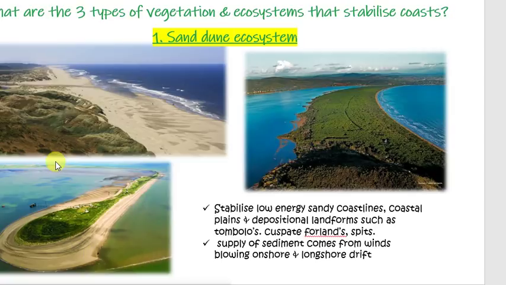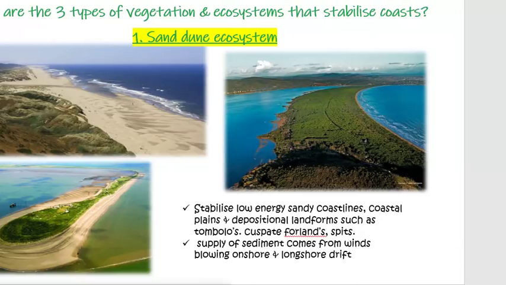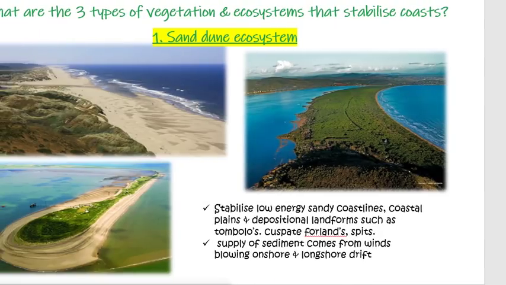Right then, we're going to kick off with sand dunes. Now, sand dunes, I've put together 3 photographs on the slide. Let me just line this back up because that is so annoying. Oh my days. Right, so sand dune ecosystems stabilise low energy sandy coastlines, hence the name, I guess, where it comes from. So sand dunes stabilise sandy coastlines.